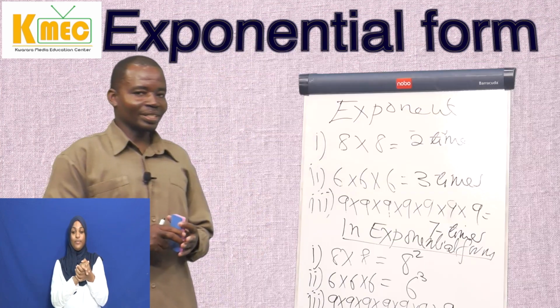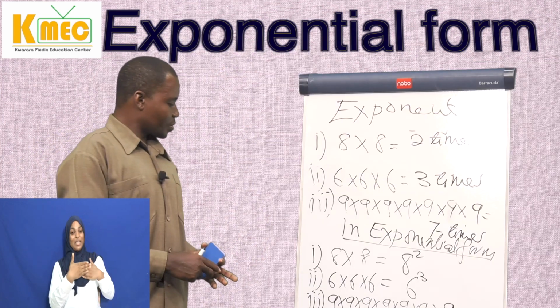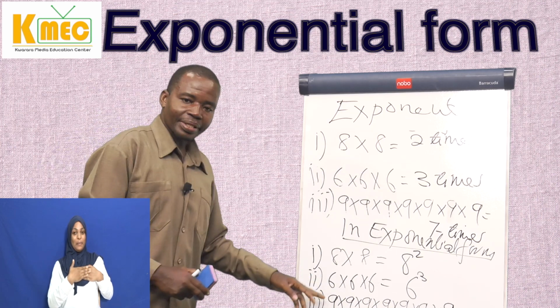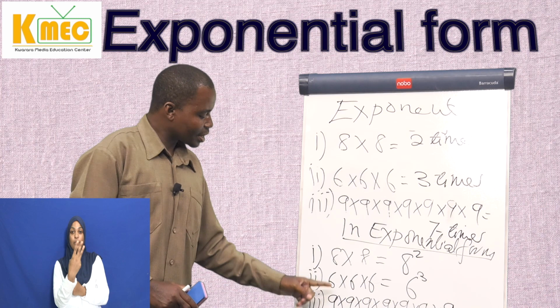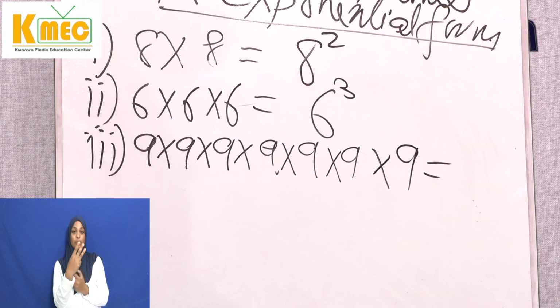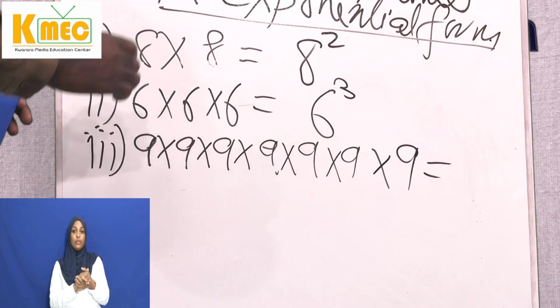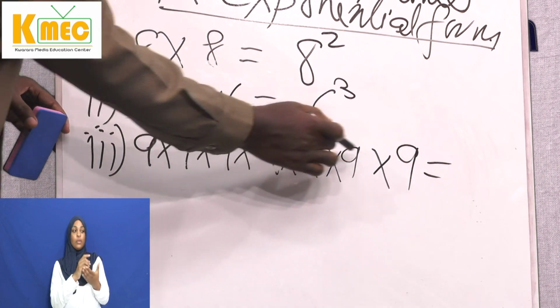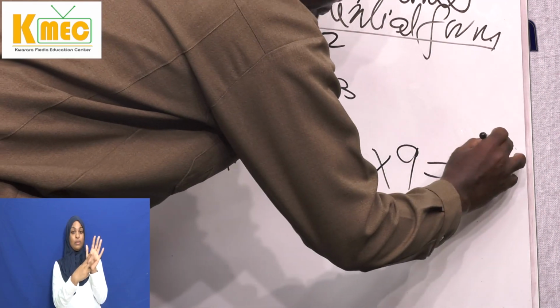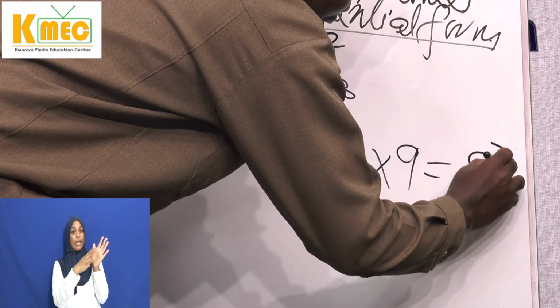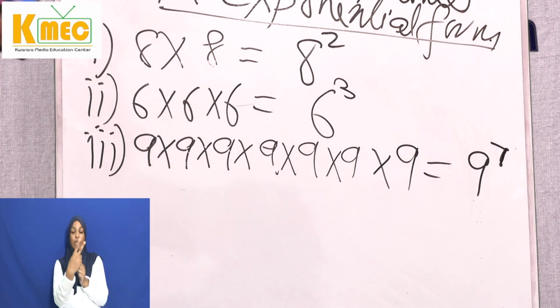Well, my pupil, we are going on to see number 3. Here, how many times has 9 been multiplied by itself? We have just counted them 1, 2, 3, 4, 5, 6, 7. So it is 9, but to the power or to the exponent of 7. Now 9 exponent 7.